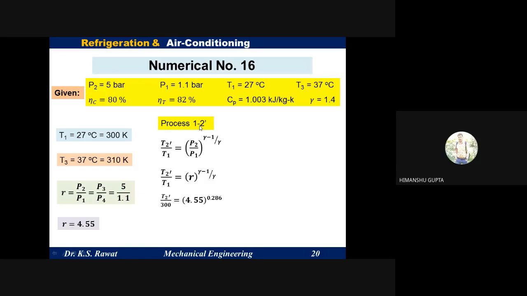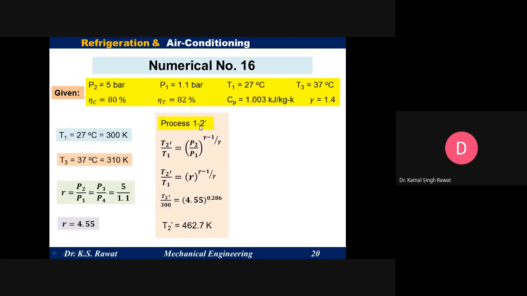Sir, 462.38 Kelvin. 462.71 Kelvin. Okay, so we take 462.7 Kelvin. Okay, so we have this T2 dash.